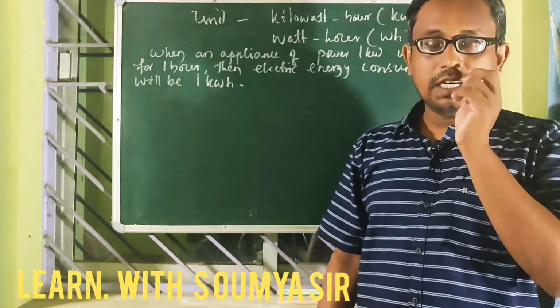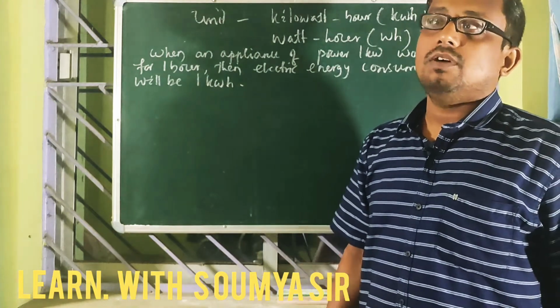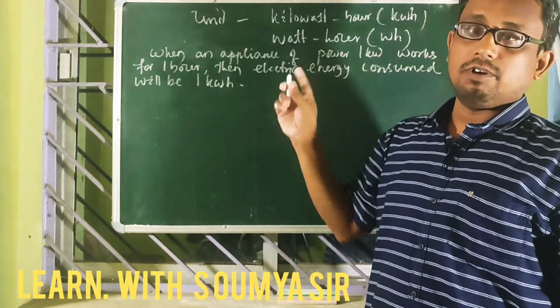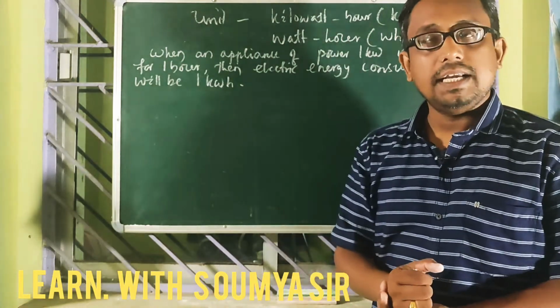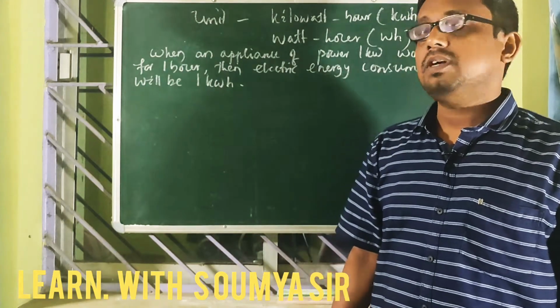That means if we take an electrical appliance whose power is 1 kilowatt and it works for 1 hour, the energy consumed will be 1 kilowatt hour.